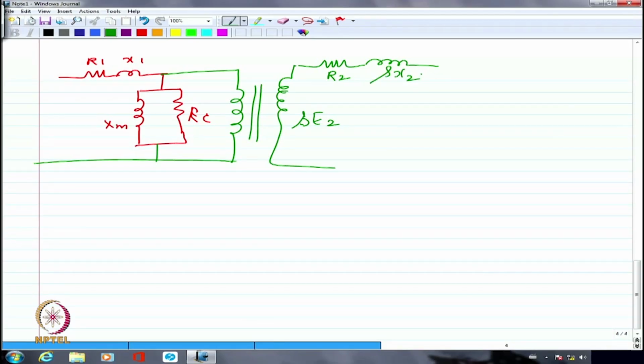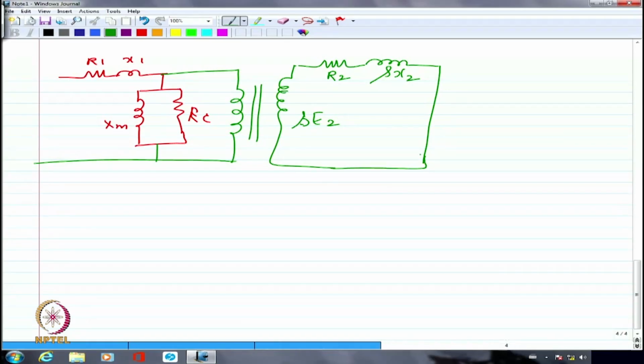Where X2 was the original reactance corresponding to stator frequency F1. Now X2 times S is the reactance offered by the rotor conductors corresponding to the new rotor frequency, which is S times F1, which is F2. So now I am going to have again the short circuit, no doubt.